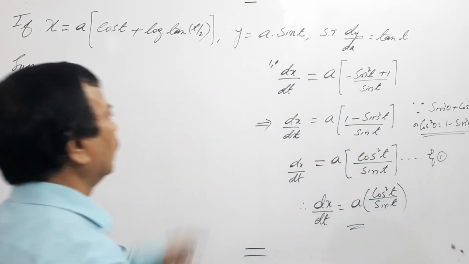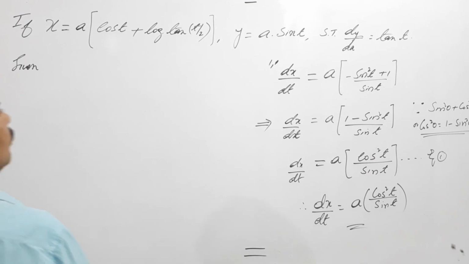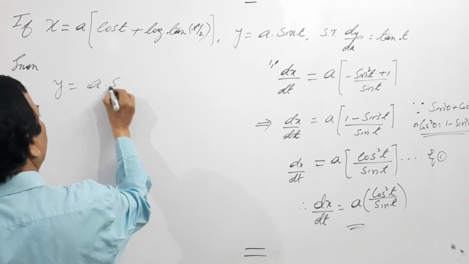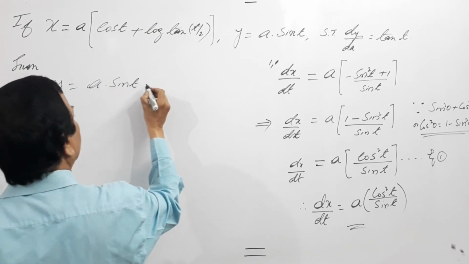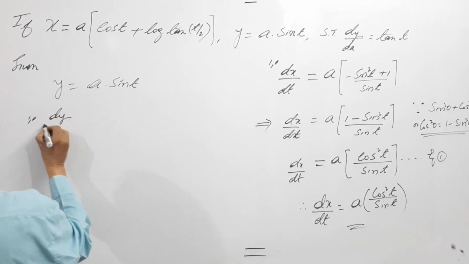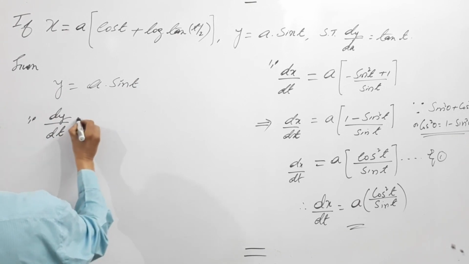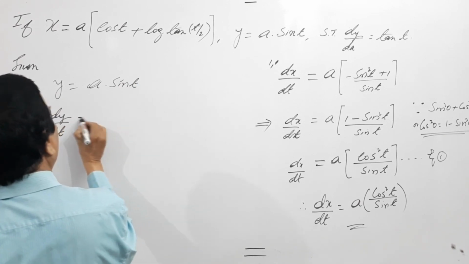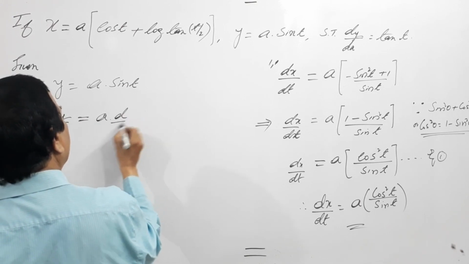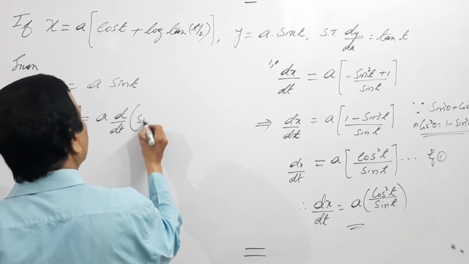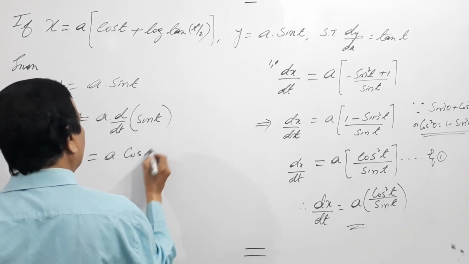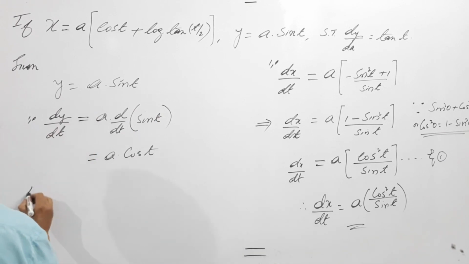Now we are left with y. y equals a sin t. That is dy by dt equals what? a I will take outside, d by dt of sin t. That becomes a into cos t.